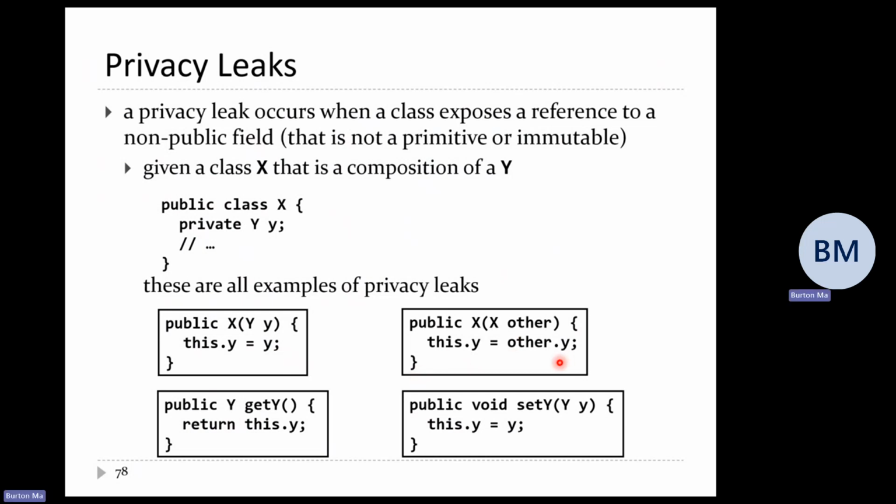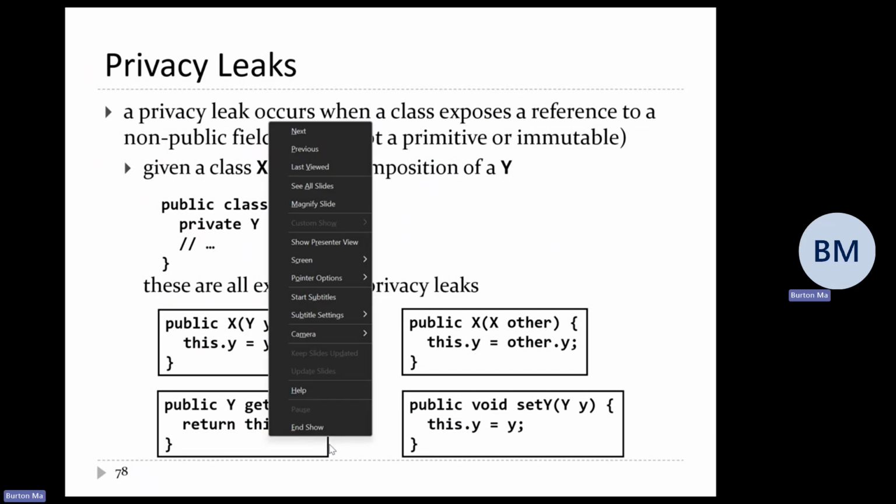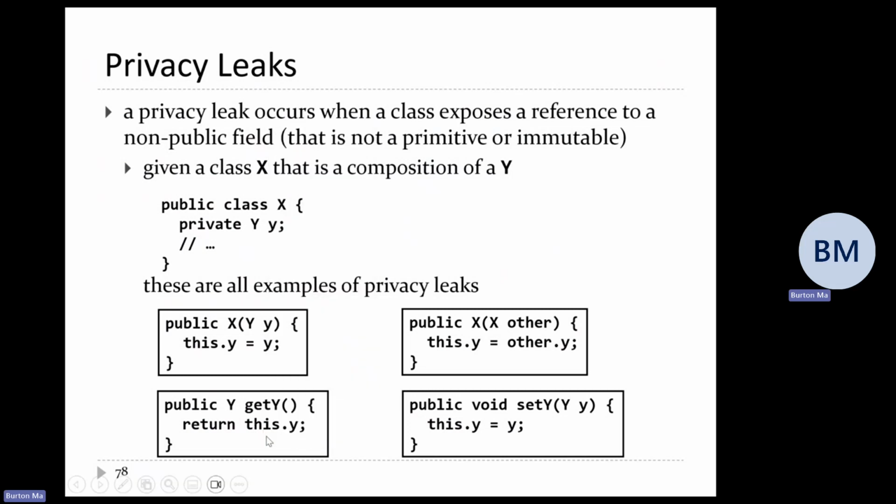This.y equals other.y, again, a privacy leak. The y object belonging to this object is now the same y object belonging to the other x object. Get y releases a reference to this.y. That's a privacy leak. Anybody who calls get y gets direct access to your y field.